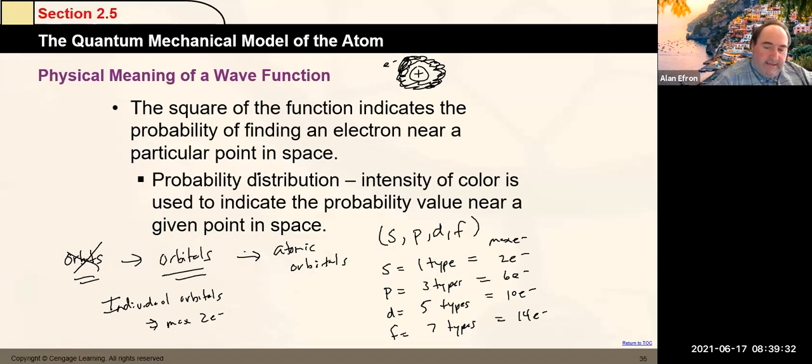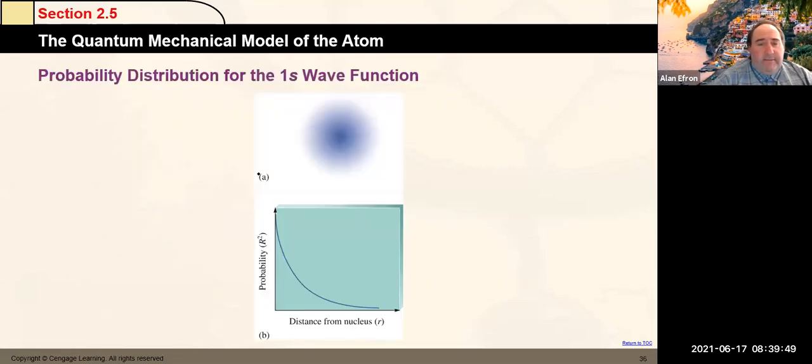Okay, so again, those are our different atomic orbitals, s, p, d, and f. What we refer to as a subshell or sublevel is our orbitals of the same type on that energy level. As we were talking about before, here is what is referred to as a probability map. You can see, hopefully on your screen as well, there's a change in this blue color. Think of the nucleus as being in the middle, where we see the darkest blue, a much higher probability of finding an electron near there.